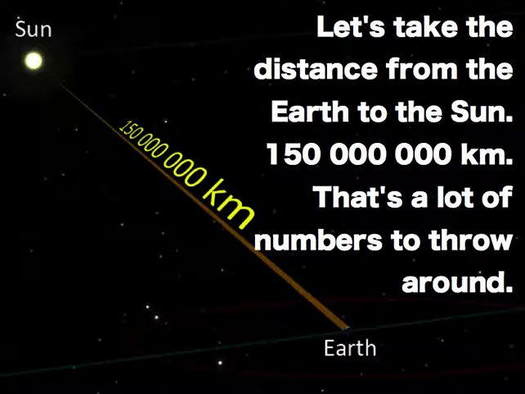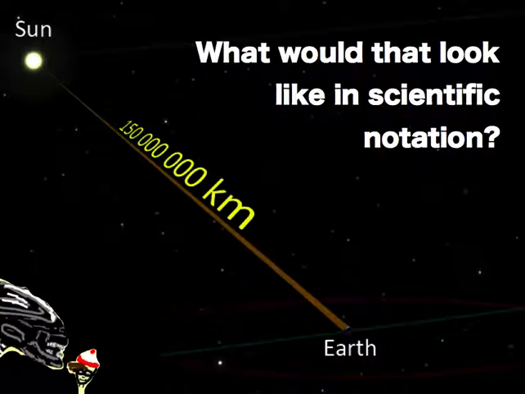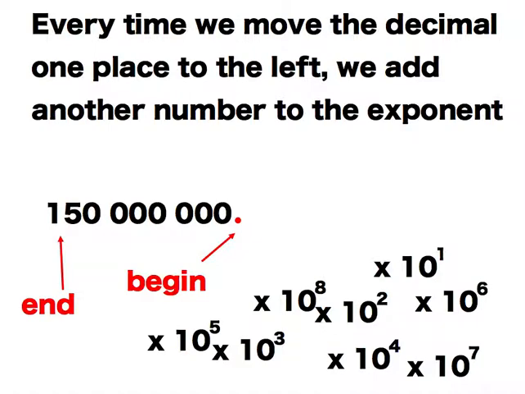So let's take a look at the distance from Earth to the Sun. The distance from Earth to the Sun is 150 million kilometers. That's a lot of numbers to throw around, and if we were talking about it in centimeters or millimeters, that number would get even bigger. So if we were to use scientific notation, we're going to take 150 million, take this decimal, and move it all the way from where it was to the first number.